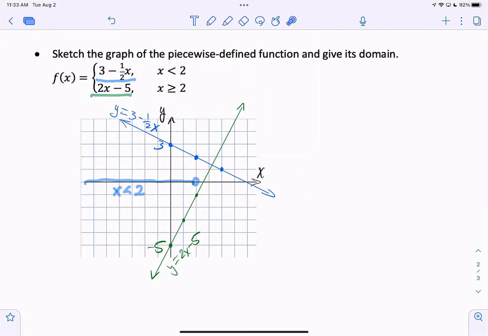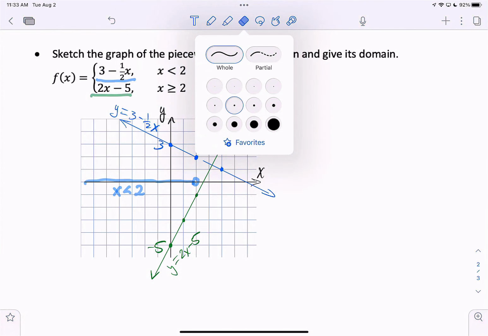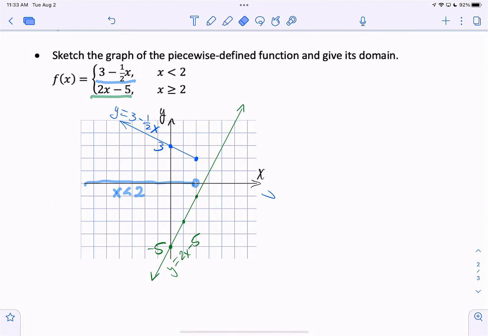Only in that region should I have blue graph. So let's get rid of the blue graph that's to the left of this point here. And then this was strictly less than, x is less than 2. We'll get into that a little bit more in just a second, but that means that I need to take this closed dot, and turn it into an open circle.